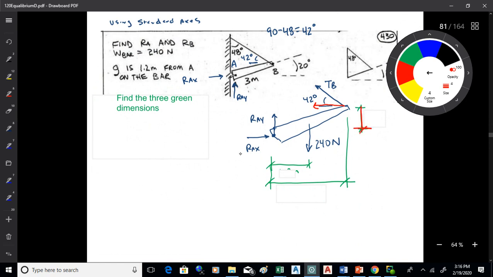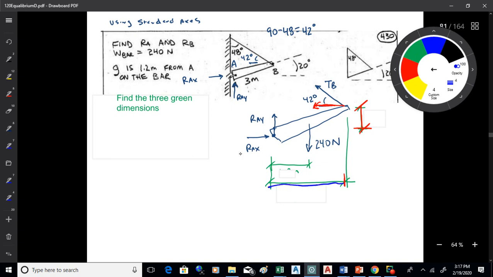So I would need to get this dimension for the X force, and this dimension for the Y component of force. That's how I would have to work through that. It's certainly doable. It's not that horrible or bad, but it would be a bit of work. There might be a better way to do this, and there is a better way. So let's look at a better way of doing this problem.